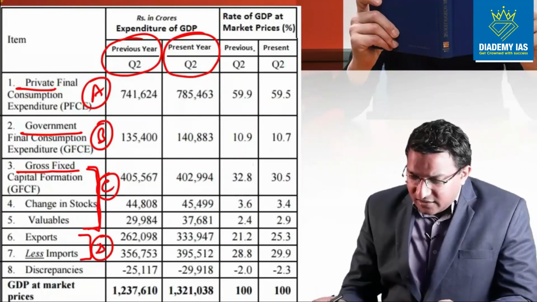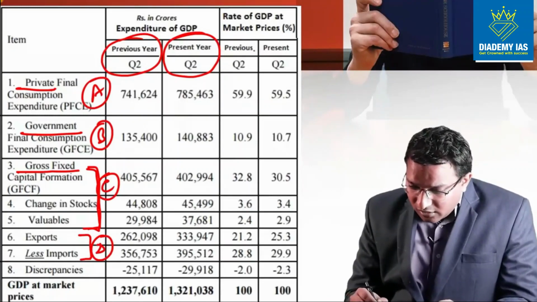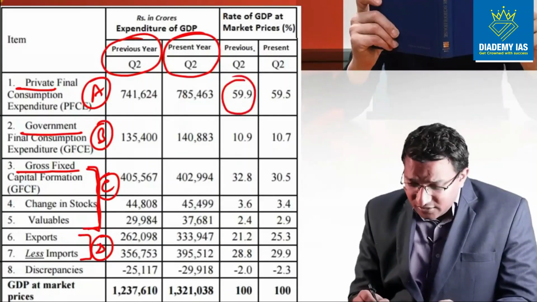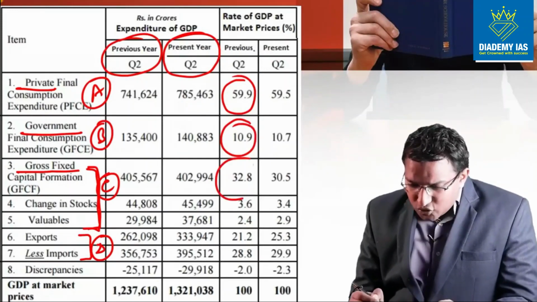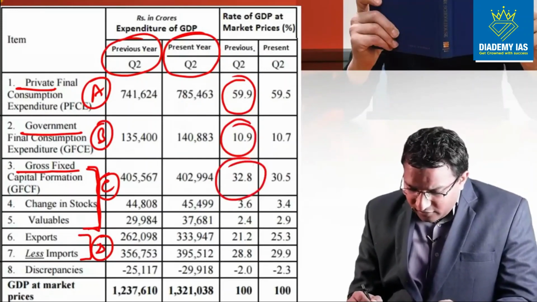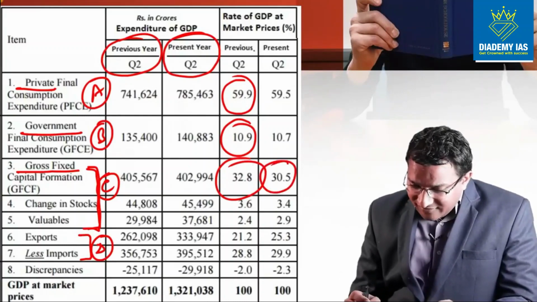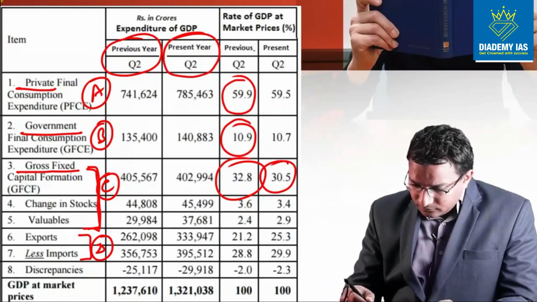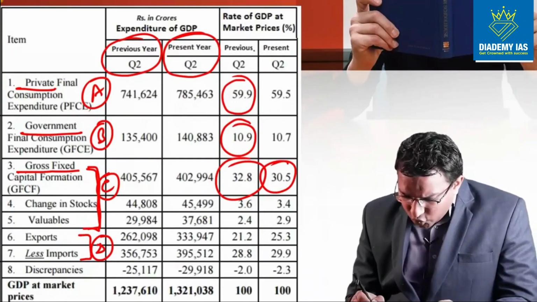So here we can see the composition. Composition-wise, the maximum contribution belongs to private final consumption, approximately 60%. Approximately 10% belongs to the government. Approximately 32% belongs to the investment, and the rest actually belongs to net exports.